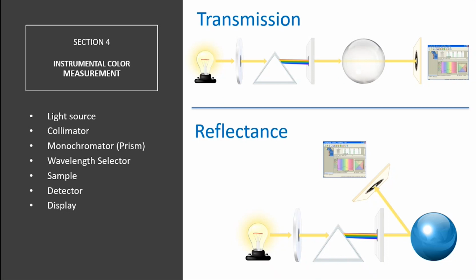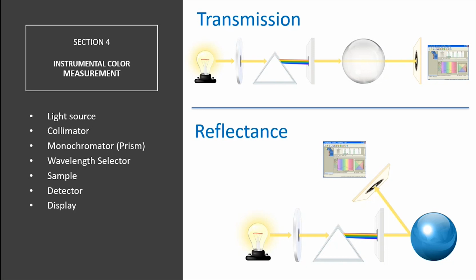And for all instruments, there's two basic types of measurement methods: transmission method measurements and reflectance measurements. The upper diagram here shows transmission, where light is passed through an object, and the bottom is a reflectance measurement, where light is reflected off or from an object and then analyzed. But in both cases, all spectrophotometers have the same components.